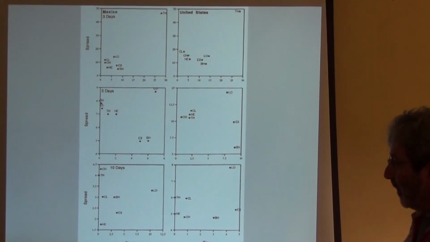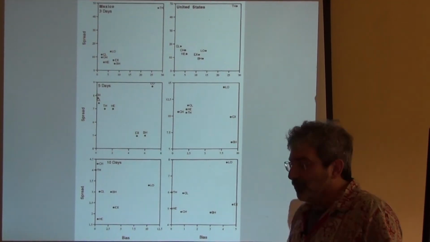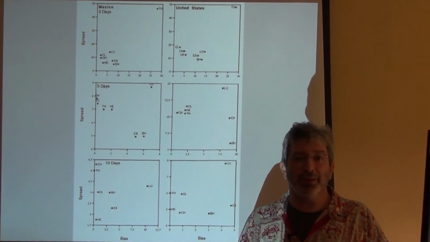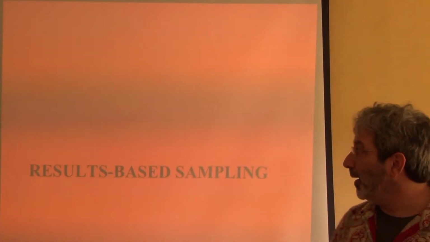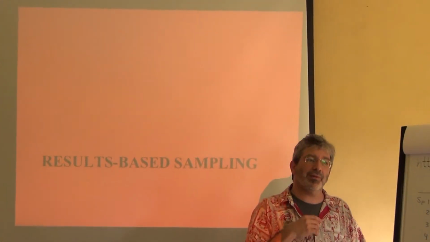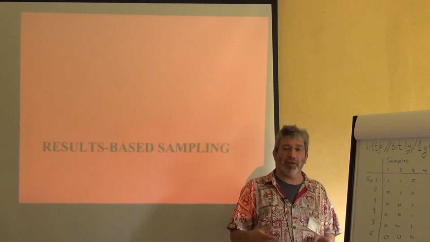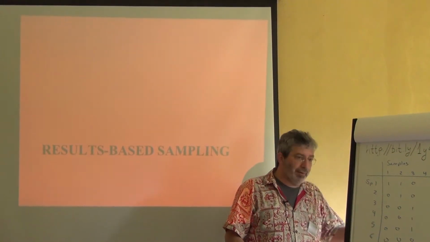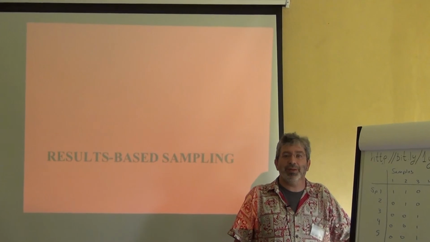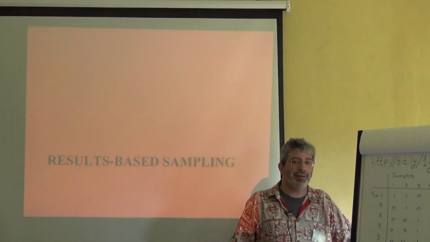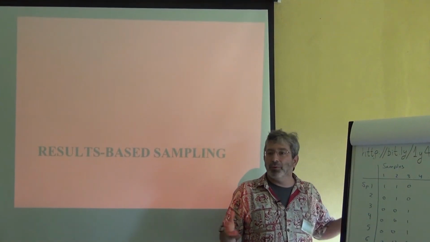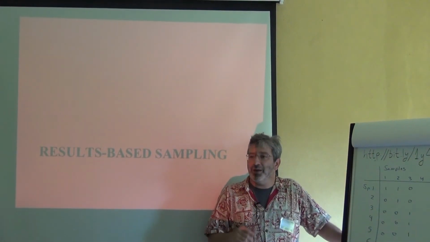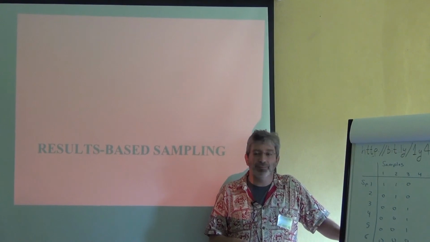But that really led, at least for my thinking, to a really interesting insight. And that's what I'm going to talk to you about in terms of results-based sampling. And this is just kind of a proposal or a thinking mechanism. And a lot of the time, it's simply impractical. Okay? When we went out to Mongolia, we basically were working in maybe 4 sites on the trip that I was on.